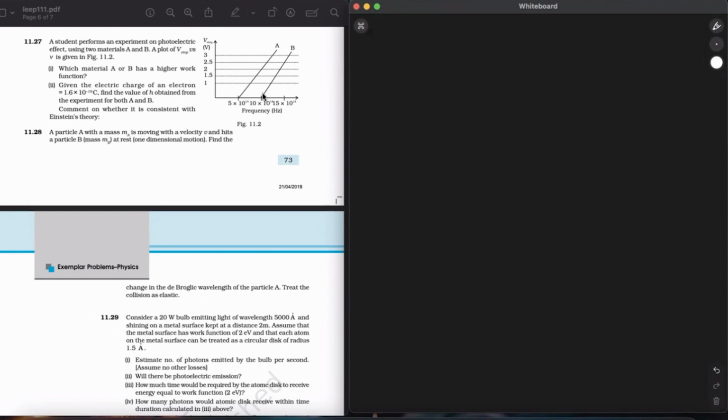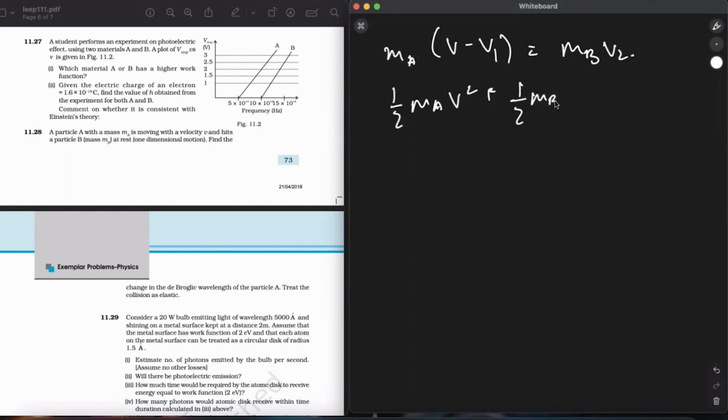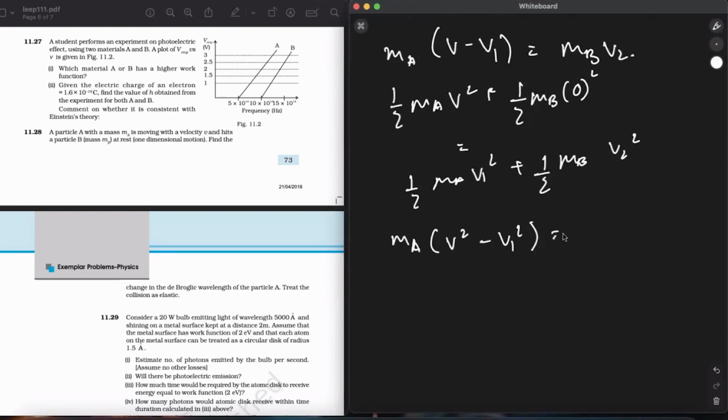So in an elastic collision, first of all I can say the momentum is conserved. So mA(v minus v1) is equal to mB v2. Another thing I can do: half mA v square, since particle B's initial velocity is 0, must be equal to half mA v1 square plus half mB v2 square. So mA(v square minus v1 square) equals mB v2 square.